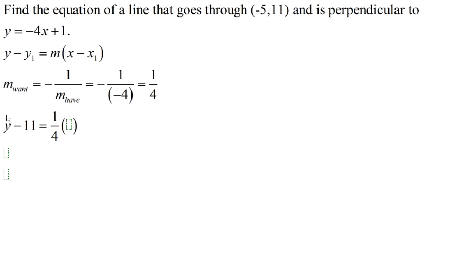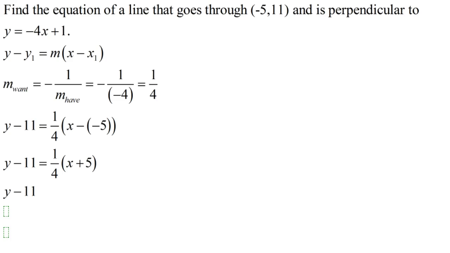As usual, the parentheses x minus from the formula here, x1, which is -5. So be careful, there is a negative from the formula and there is a negative from the point we were given in the problem. So y minus 11 equals 1/4, -5 becomes x plus 5.